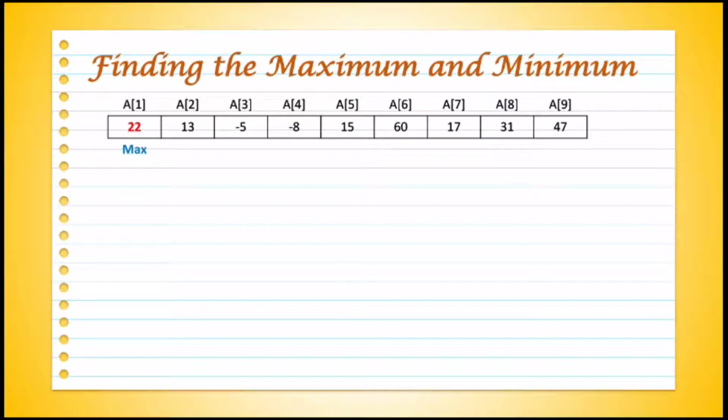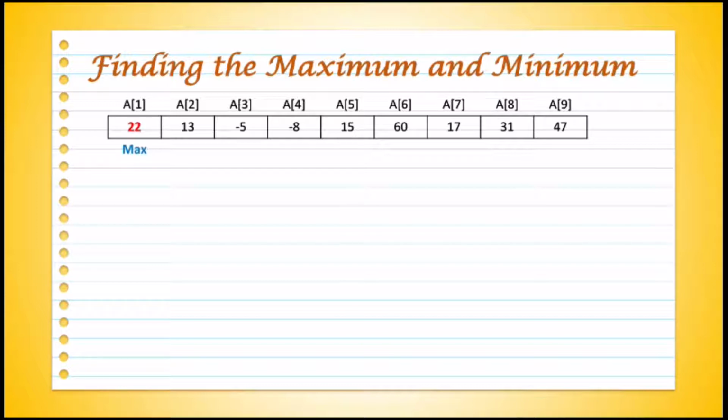Now go for the next element. The next element is minus 5. Again compare minus 5 with max. Is minus 5 greater than max? No, even this condition is false. So max value will remain as it is. Now go for the next element, minus 8.